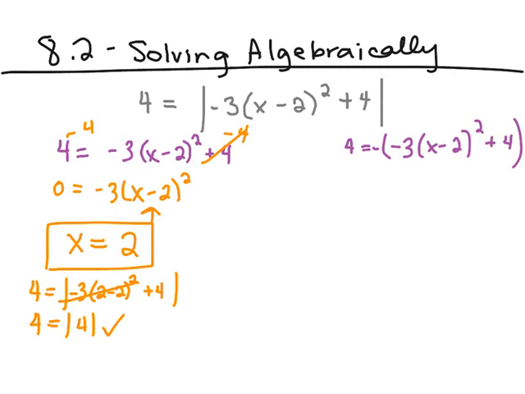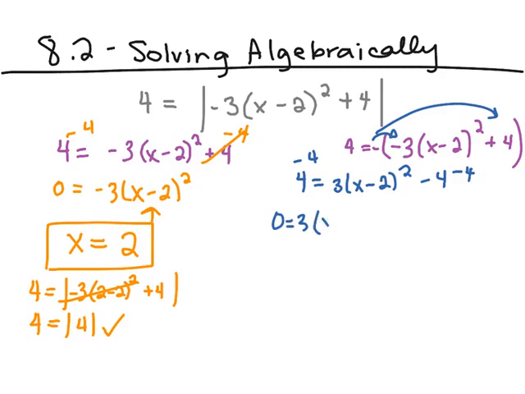Now for this one, it's a little bit more work. So we have 4 is equal to, distribute in the negative, 3 times x minus 2 squared minus 4. Nothing cancels itself out, so we're going to have to expand and simplify. So we have 3 times x squared minus 4x plus 4.